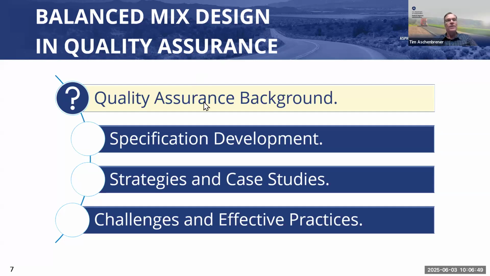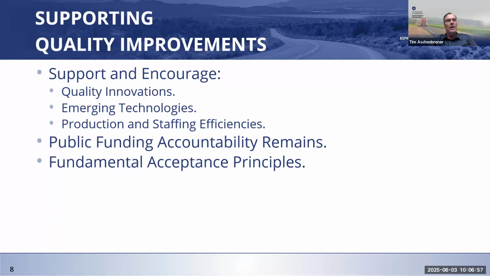I'm going to start with the first of the four sections here, do a background on quality assurance. Certainly supporting quality improvements is a good thing at FHWA, and I'm sure many of you here want quality to improve. We certainly want to support and encourage that with all the innovations out there. For example, balanced mix design, one of the background reasons for the webinar, is a quality innovation.